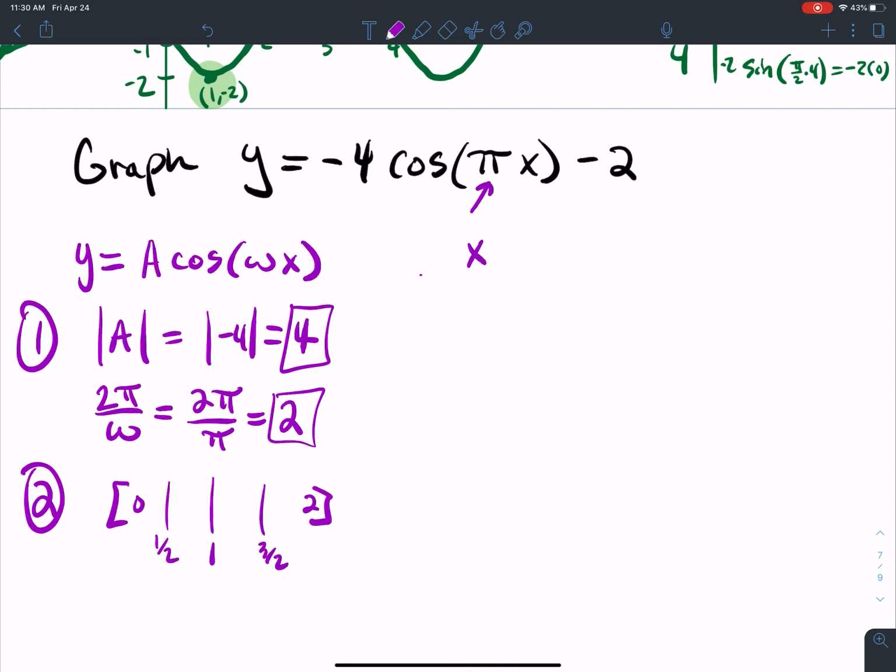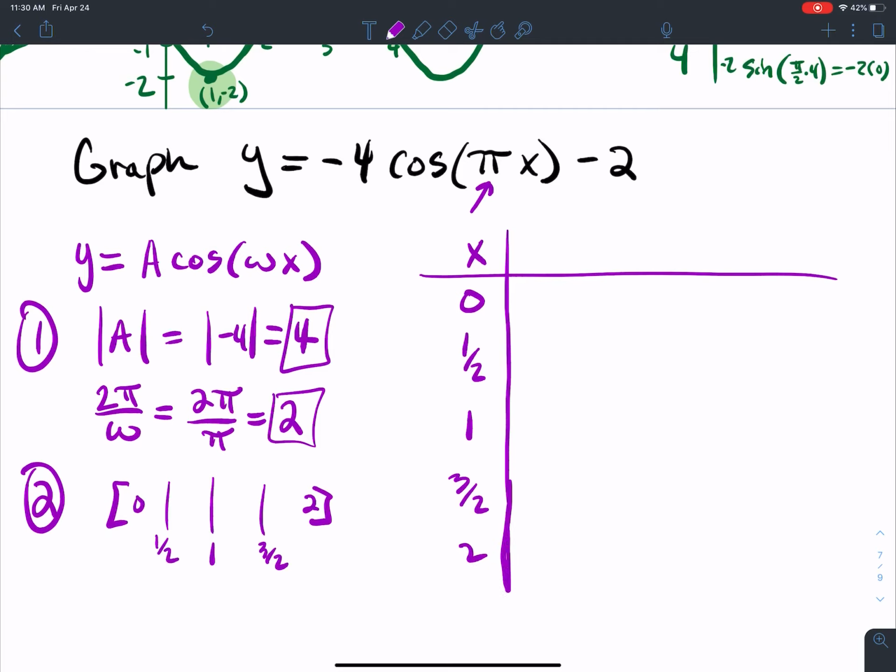Okay. So let's create a multi-table. So I've got 0, 1/2, 1, 3/2, and 2. And so the first thing I want to do is figure out what this is. So that's -4 cosine pi x.